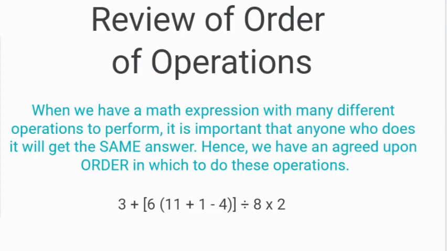The reason we have it is because when we have a math expression, an example is this problem down here, there are many different operations to perform. An operation is things like adding.